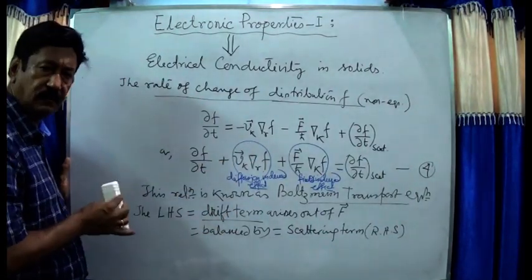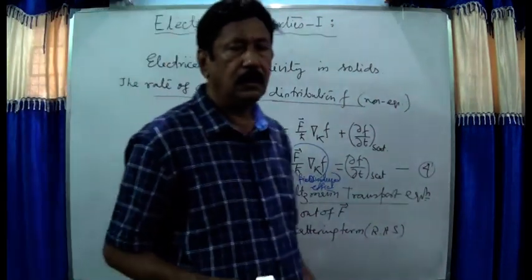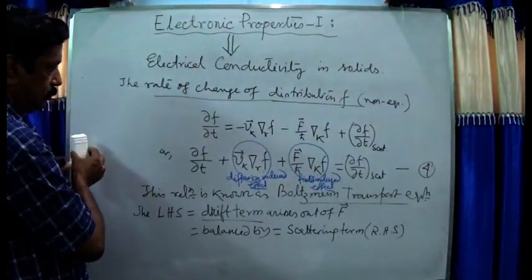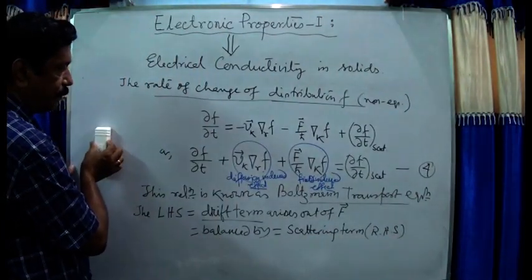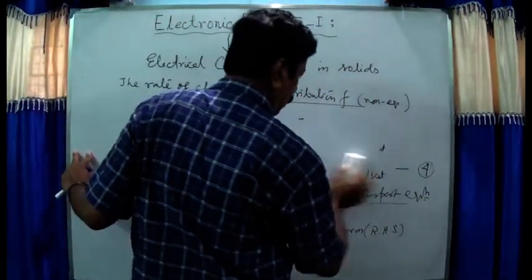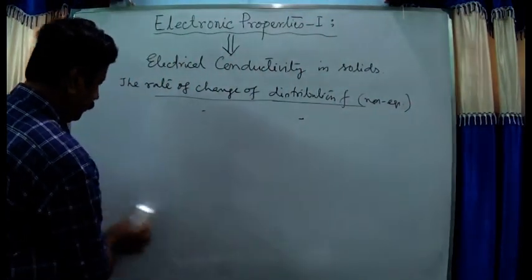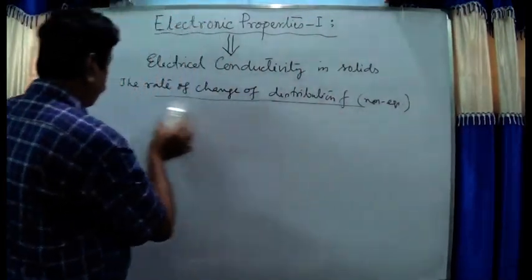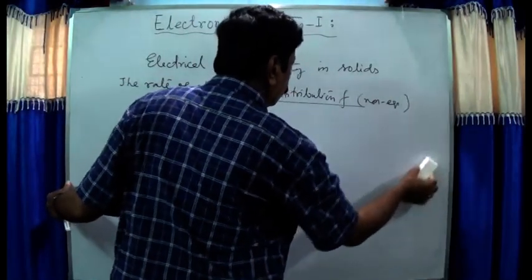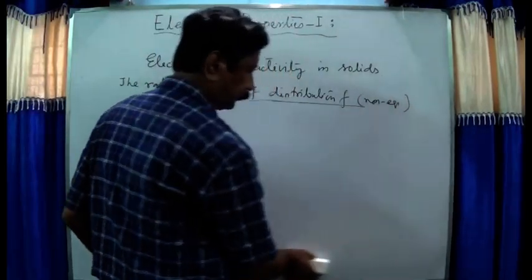After writing that, we will pass over to the relaxation time approximation, right? Okay. So now I would like to discuss something about the technique or the mathematical ways to tackle the scattering effect.